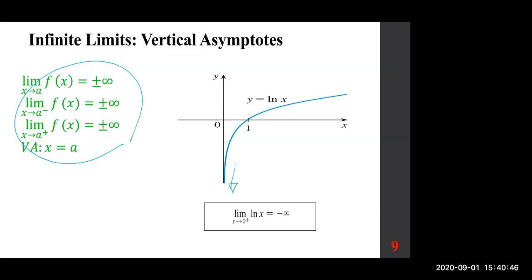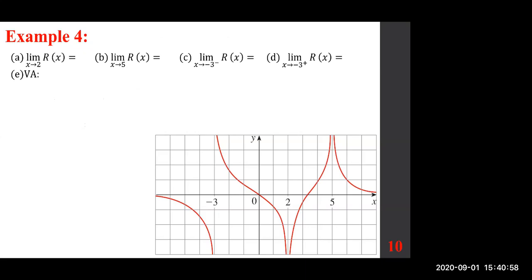So having said that, let's see if we can figure out some of these questions quickly, okay? Take a look at the graph. The limit of r of x as x approaches 2, can you see when we approach 2, can you see that this goes down?